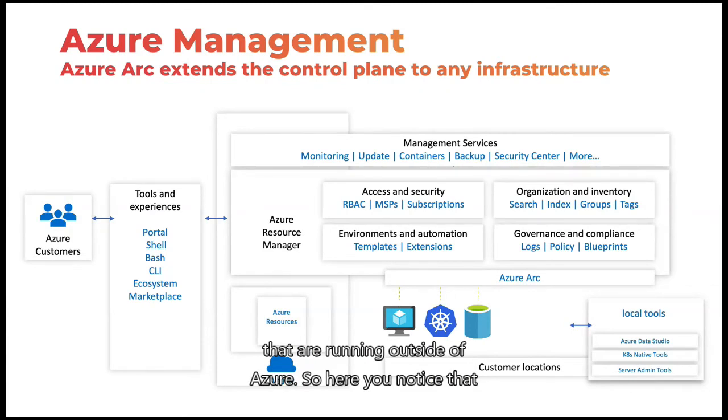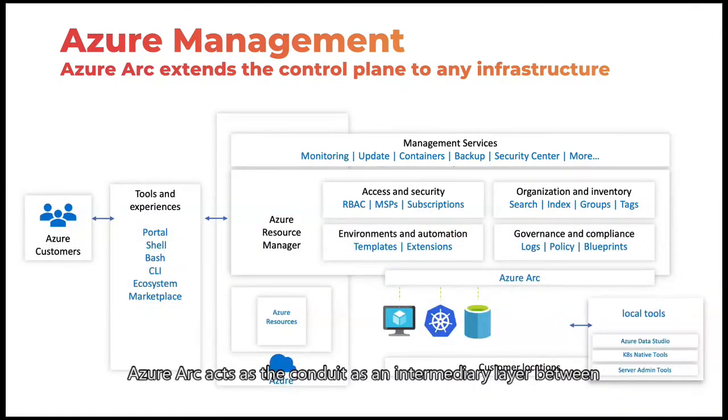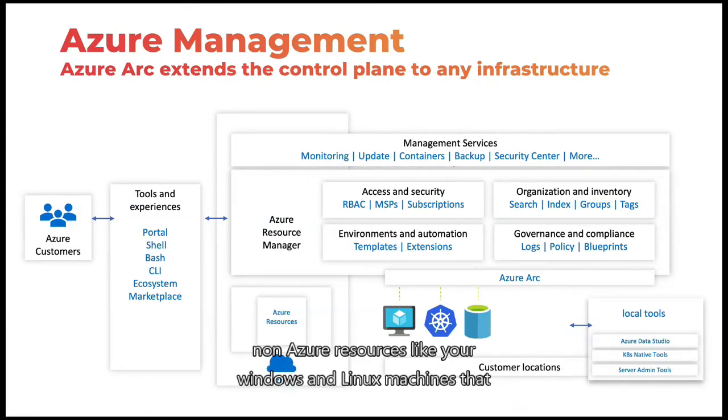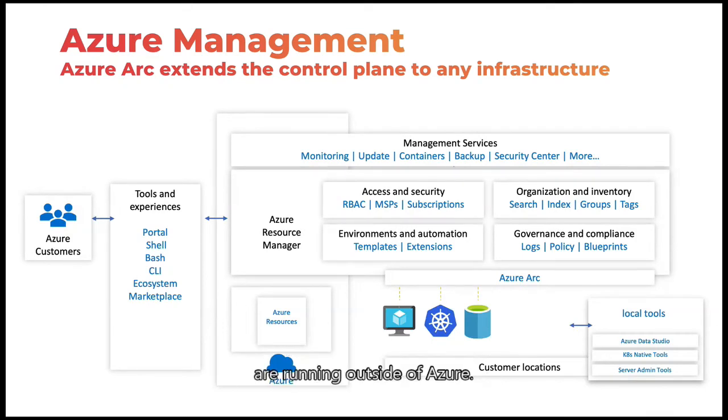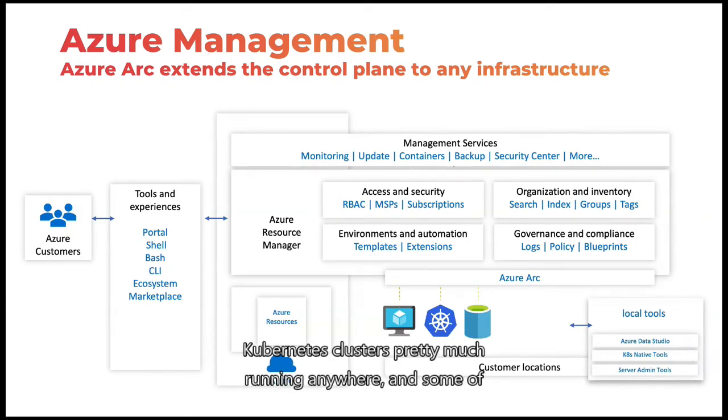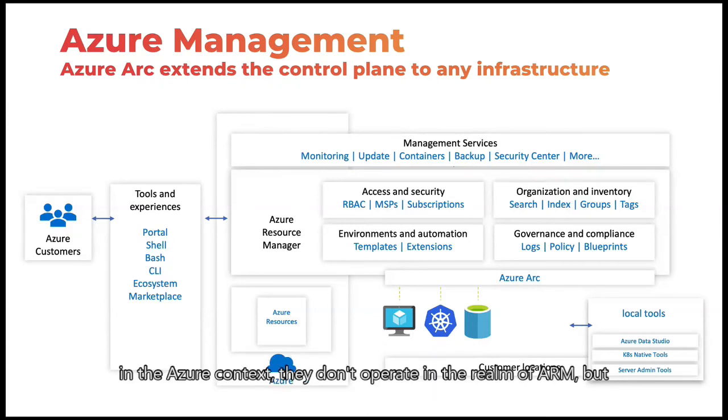Here you notice that Azure Arc acts as the conduit, an intermediary layer between non-Azure resources like your Windows and Linux machines running outside of Azure, Kubernetes clusters running pretty much anywhere, and some managed services like Azure Data Services. These are not originally created, provisioned, or managed by ARM. They are completely external, not visible originally in the Azure context. They don't operate in the realm of ARM.